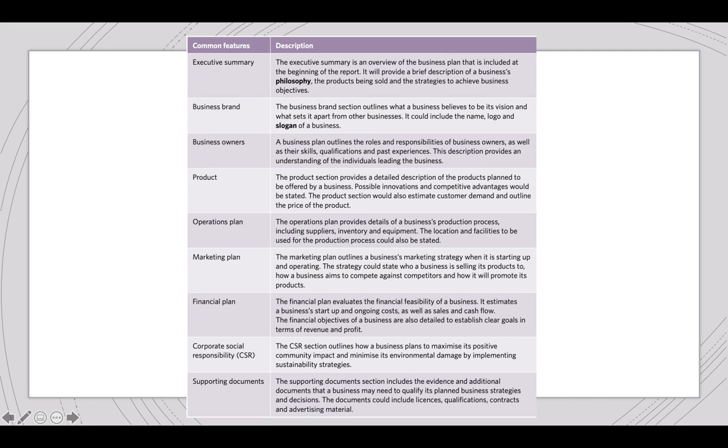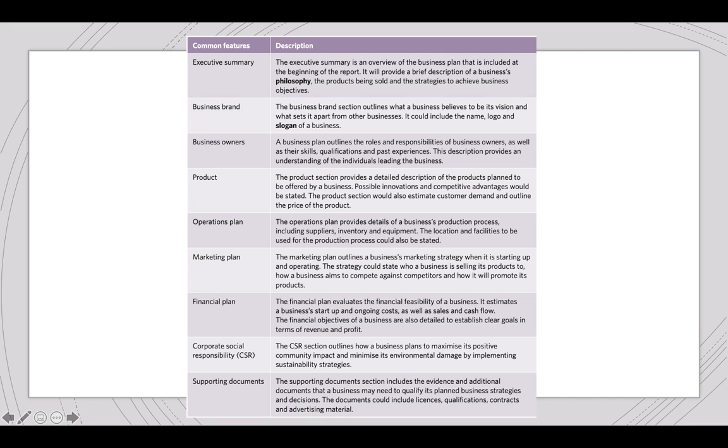Okay. You could be talking about recycled packaging. You could be talking about employing disadvantaged, anything to promote social responsibility is going to have a positive impact on the business.